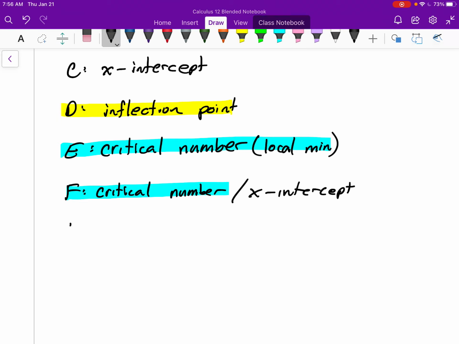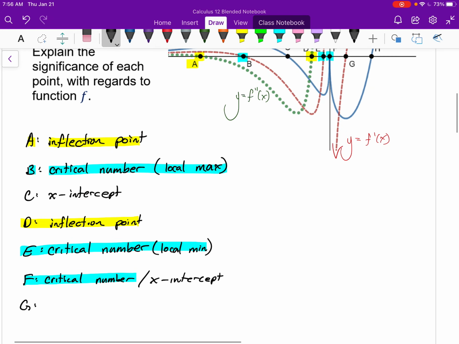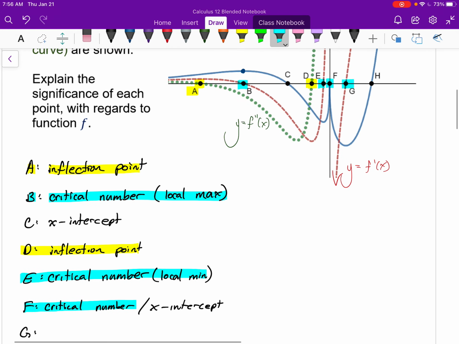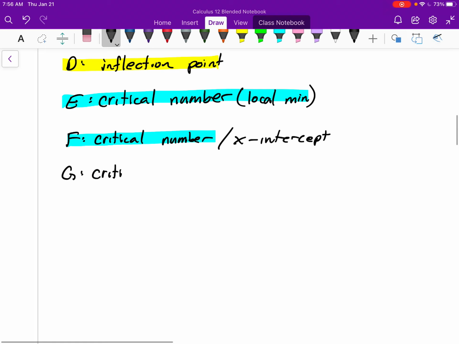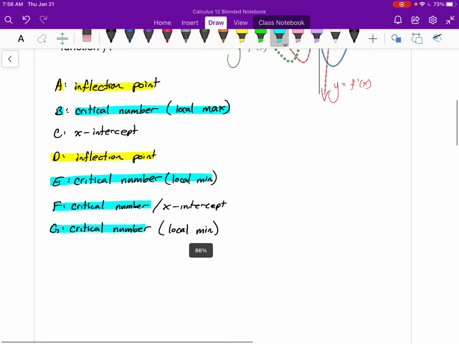Which leads me to the last two, g. G, a little more straightforward, another critical number. Also leads to a local min again. And lastly, h.